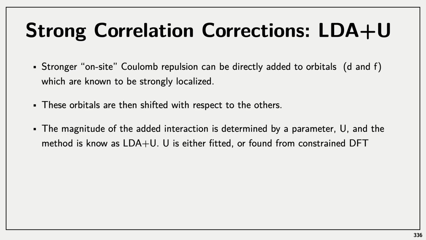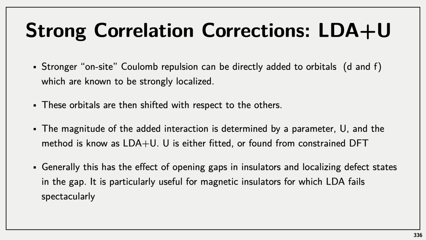And very often you will see people writing papers using these techniques, but usually hand in hand with experiment, because the idea is to try to understand how we can establish this handshake between experiment and theory. So LDA plus U would be your typical case of opening gaps in insulators.